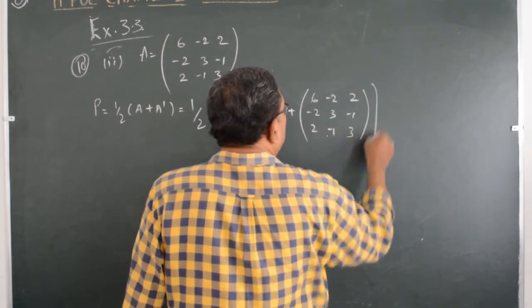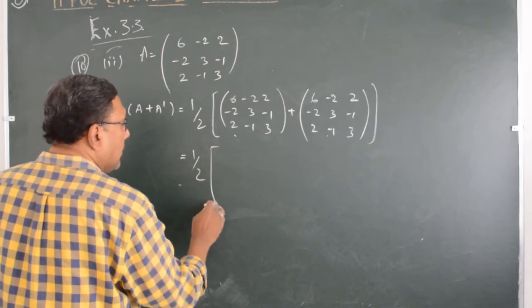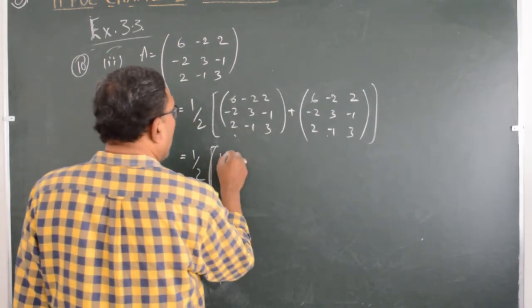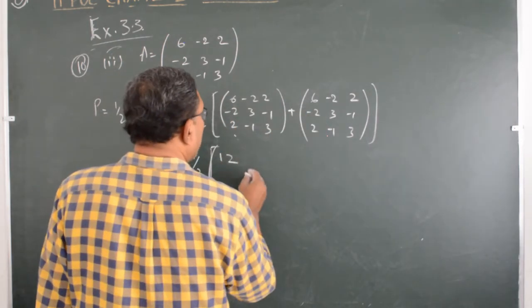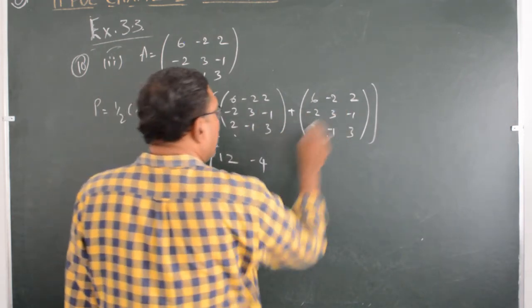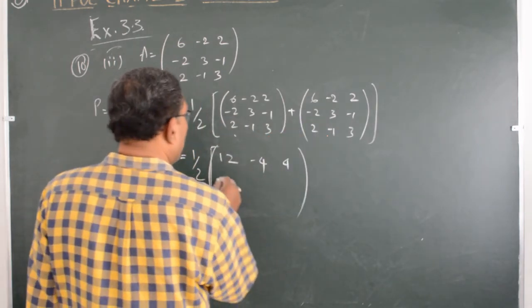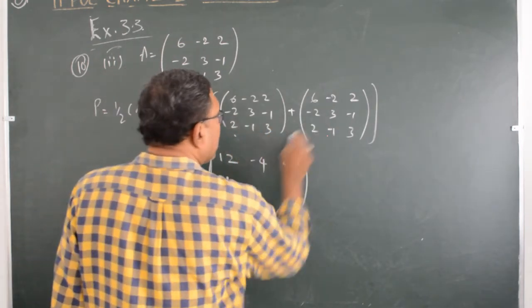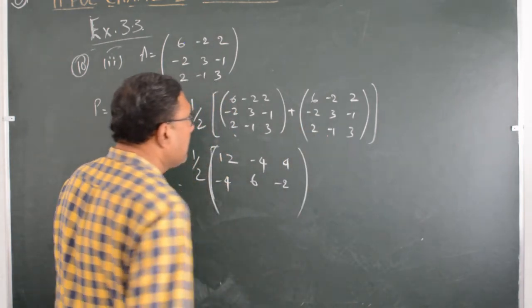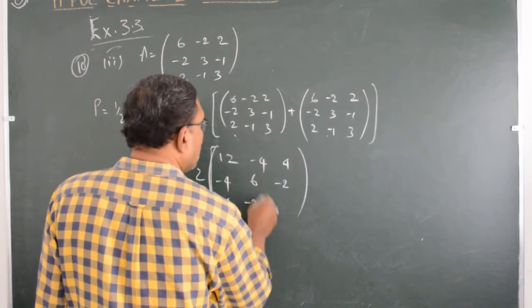See, what do we get? Half, which I will keep outside. Then 6 plus 6 is 12, -2 plus -2 is -4, 2 plus 2 is 4, right? -2 plus -2 is -4, 3 plus 3 is 6, and -1 plus -1 is -2. Then 2 plus 2 is 4, -1 plus -1 is -2, 3 plus 3 is 6.